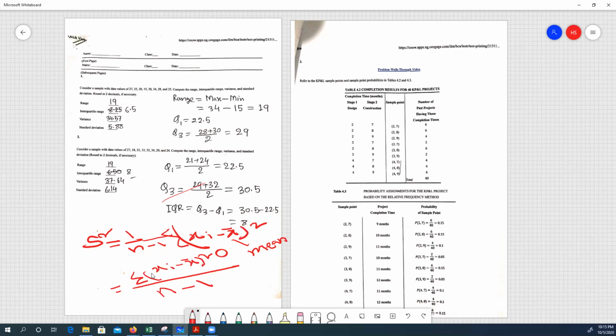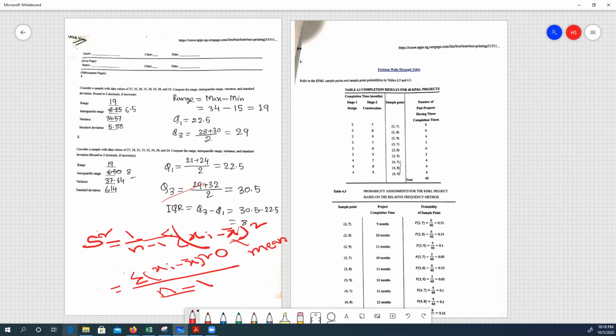Here you have 8 numbers. First you have to calculate the average of these 8 numbers, which is x bar, and then xi minus x bar. That means you have to subtract the mean from each number. Then you take the square of this difference and add them together, then divide by n minus 1, and that will be your sample variance.